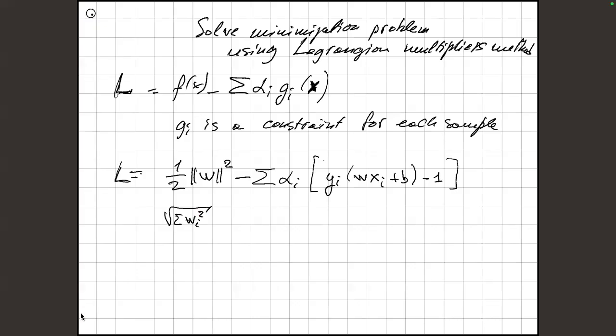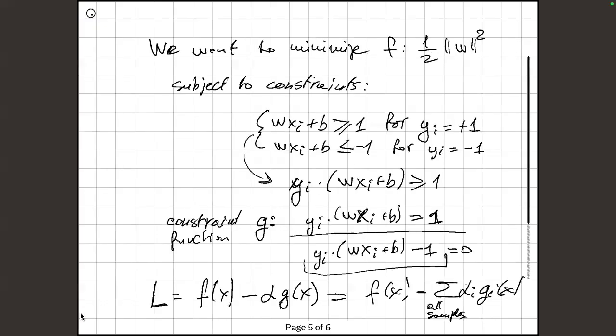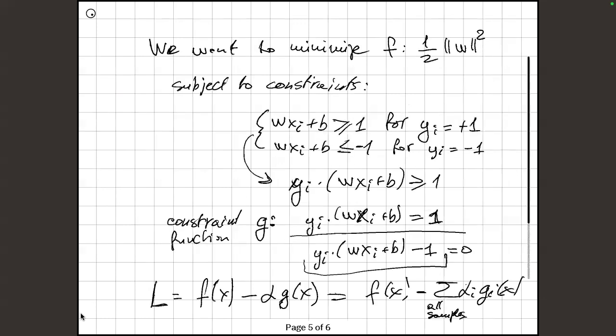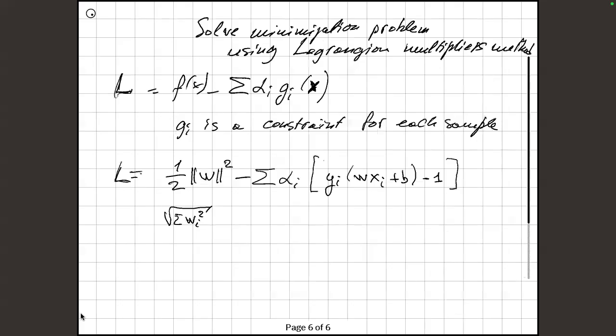So this is a norm, and when you raise it to square, you have basically the sum of the w i squares.